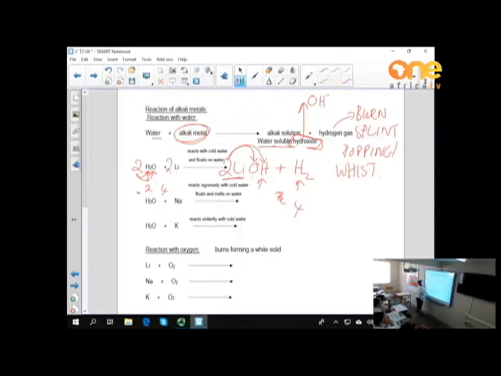So I will need 2 lithiums. All right. So to balance this equation, I will have 2 waters, 2 lithiums, 2 lithium hydroxides, and 1 hydrogen. They all lie in group 1. We said elements in the same group tend to behave similarly.